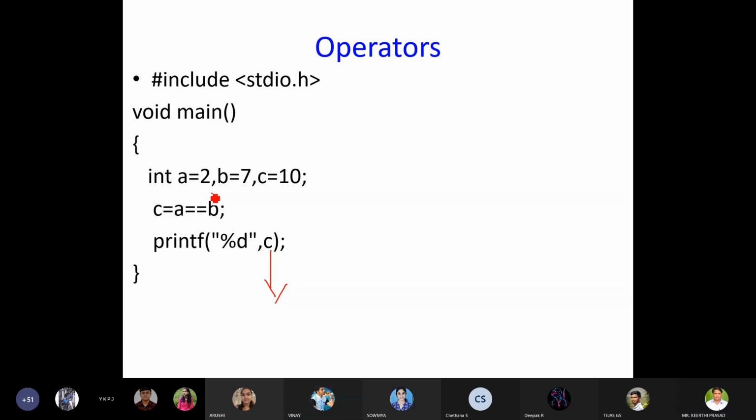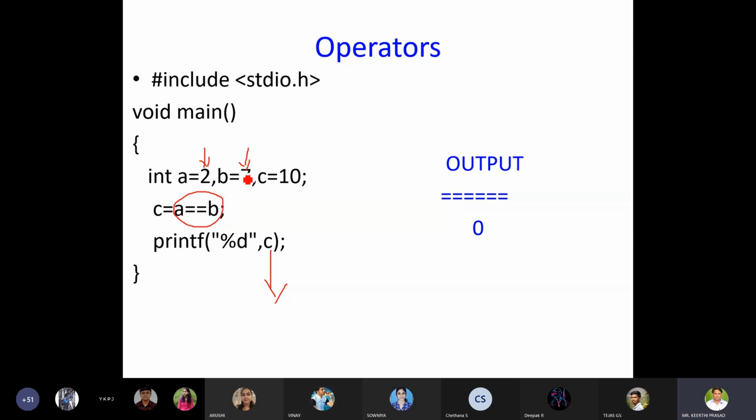Why? Because we are doing comparison here. What is the value of A? A is 2. What is the value of B? B is 2. We are just comparing whether A is exactly equal to B. Whether 2 is exactly equal to 7? No, sir. No means false. False means 0. 0 is stored in C. Clear?